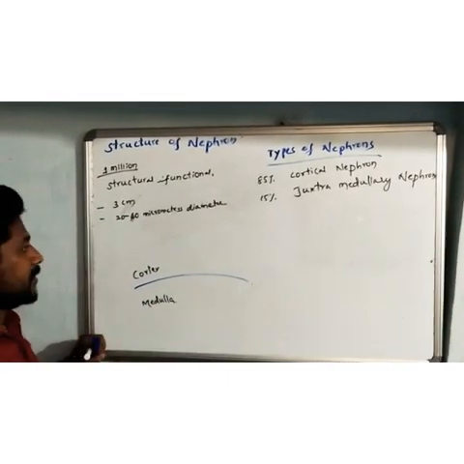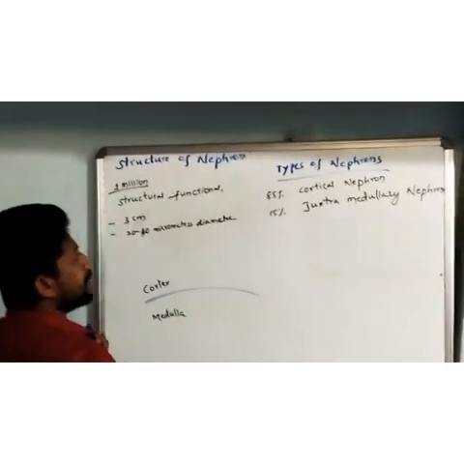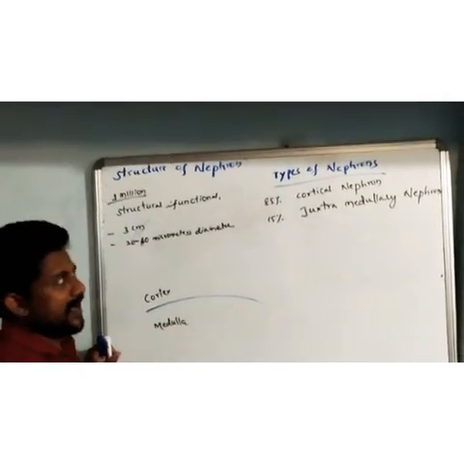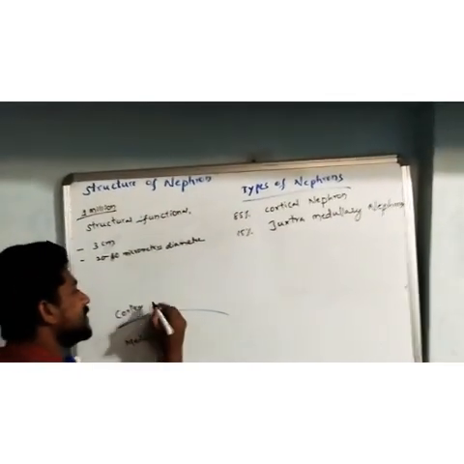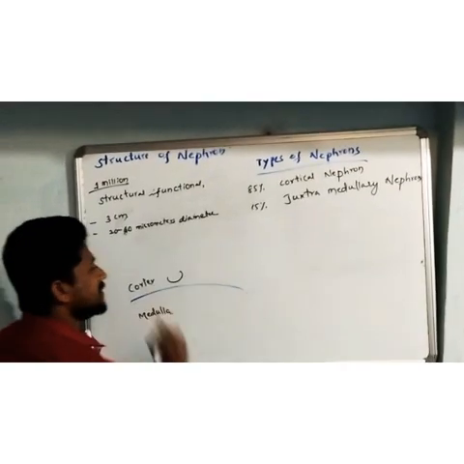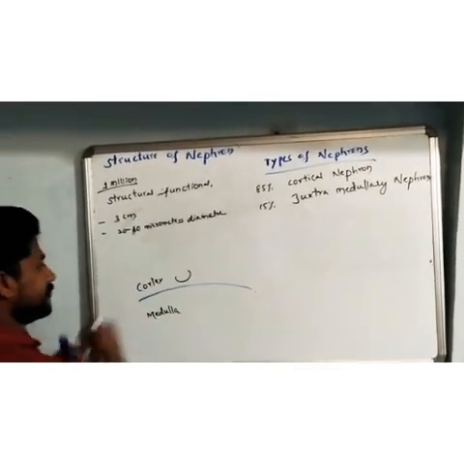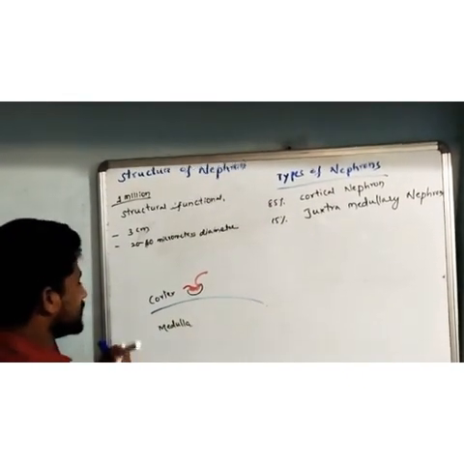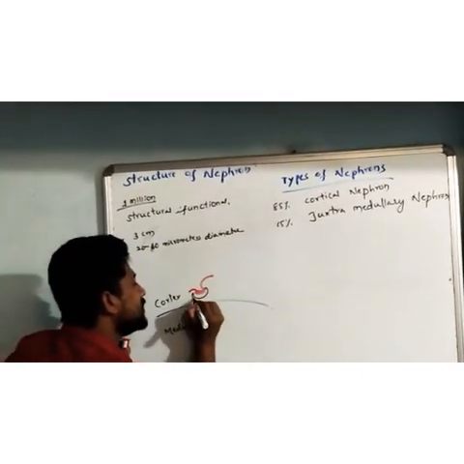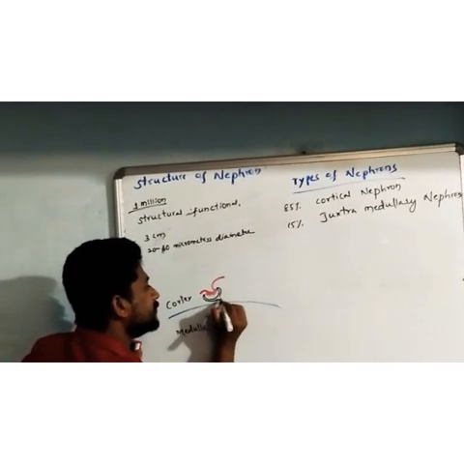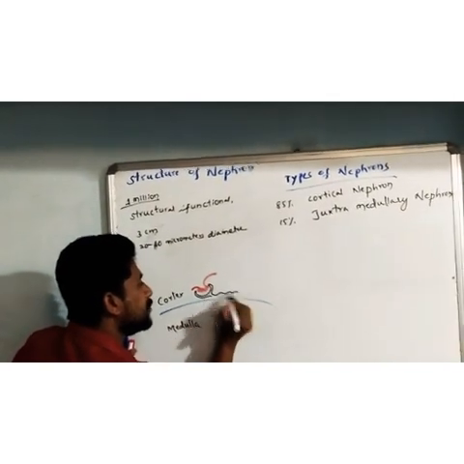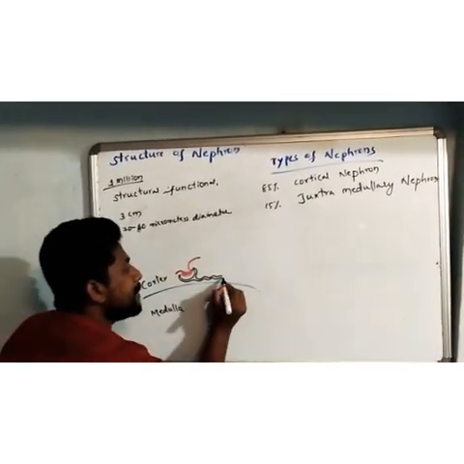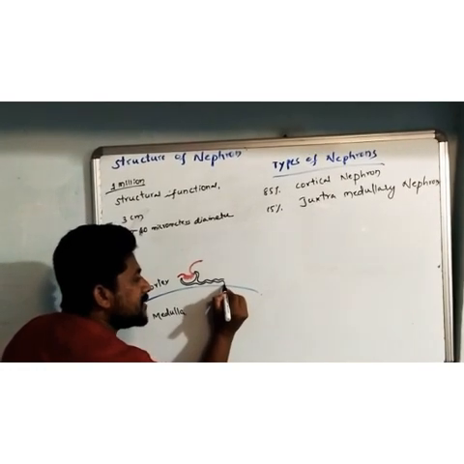The major parts of the cortical nephrons are the Bowman's capsule, which is a double layer capsule around the glomerulus, and the PCT, a highly coiled tube, which continues as the loop of Henle.